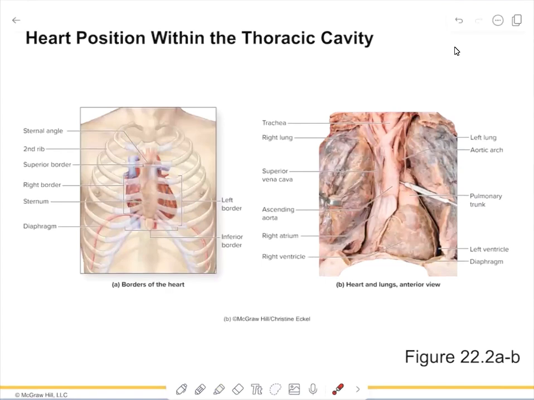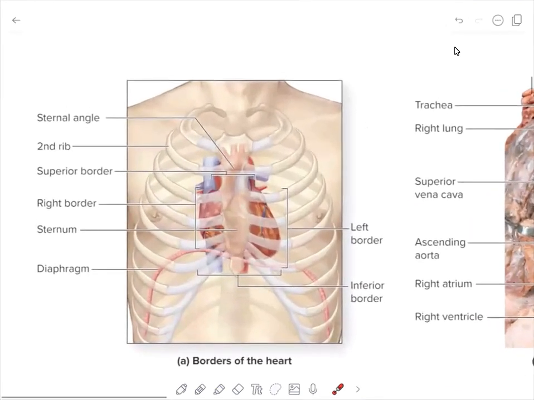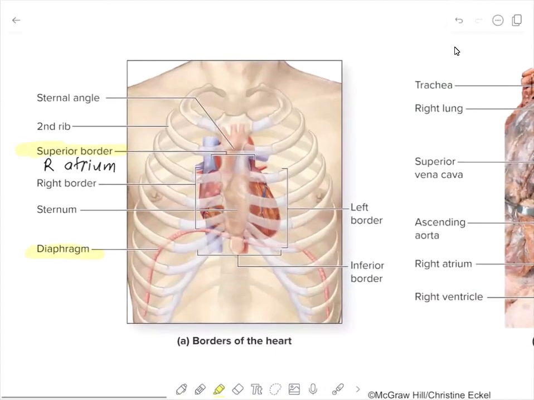I want you to notice the basic location of the heart here. We see the superior border, which is going to be primarily the right atrium. Notice that the heart sits on the diaphragm, which is the primary muscle used for respiration.